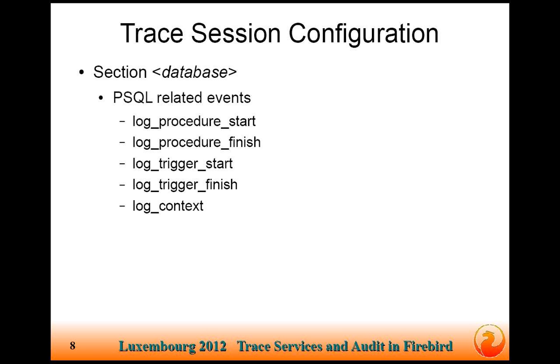In this event, you could see the procedure name, you will see the parameters which were really used when the procedure started, and so on. Log context allows you to see calls for RDB$SET_CONTEXT, and I don't remember exactly the RDB$GET_CONTEXT calls. I don't remember exactly now.